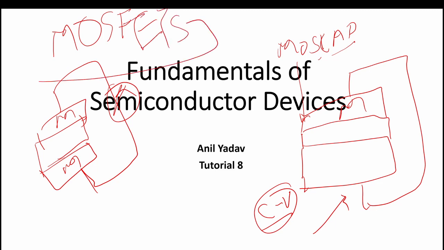Previously we have discussed the MOS structure, the metal oxide semiconductor capacitor. How is it different from the metal parallel plate capacitor? In a parallel plate capacitor there are two metal plates, and in between them there is a dielectric.